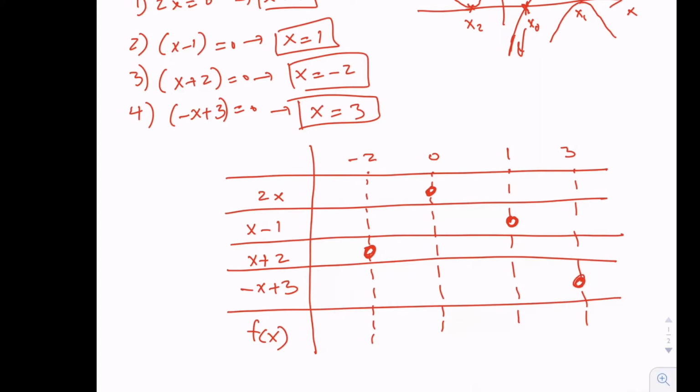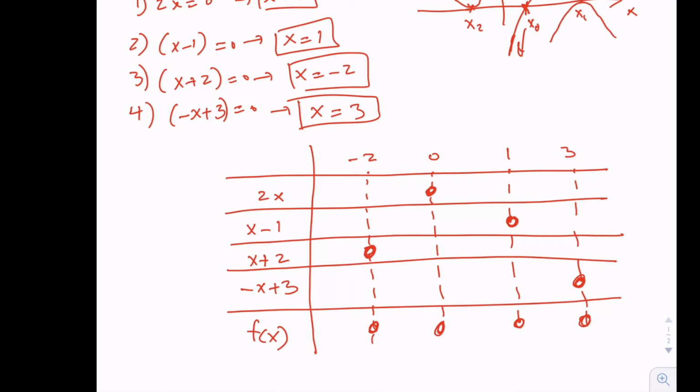So f of x itself is 0 at all of these 4 points. Now, 2x is negative before it's 0, and in order to find that, we can just replace x with a number less than 0 and a number greater than 0. So if we replace x with minus 1, we will have minus 2, which is negative, and if we replace x with plus 1, we will have 2, which is positive.